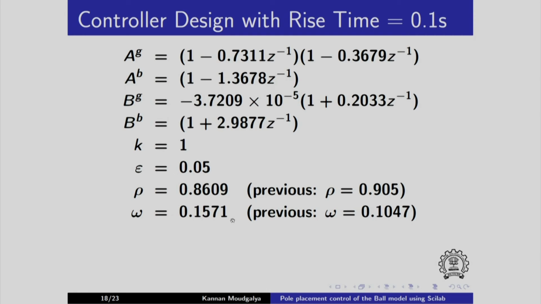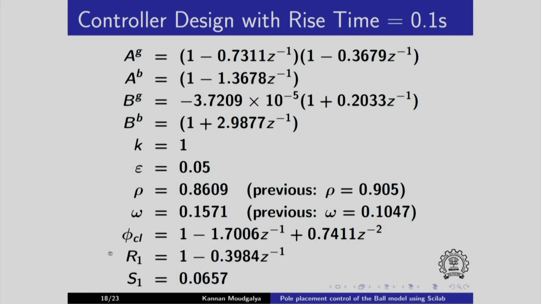The frequency is also faster compared to this. So once again the system is faster, and by requiring rise time to be smaller, we wanted the system to be faster, and that is indirectly achieved through rho and omega. For this rho and omega, I get the corresponding phi CL as given here. Then I solve the Aryabhata's identity. I get R1 and S1 as given here.